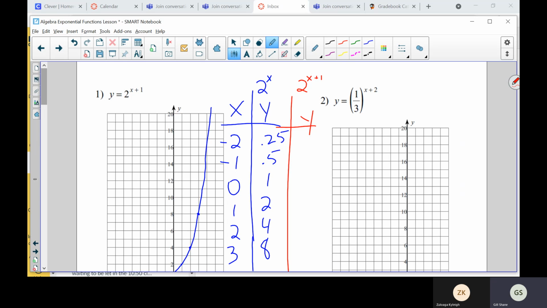Not adding the 1 to the end result, to the answer, we're adding 1 to the actual exponent. So the first one would be, if I add 1 to the exponent, and the exponent would be -2, well, that would give me an exponent of -1, right? So 2 raised to the -2 plus 1 is 2 raised to the -1. Well, again, I kind of already did that, right? 2 raised to the -1 was that answer right there.